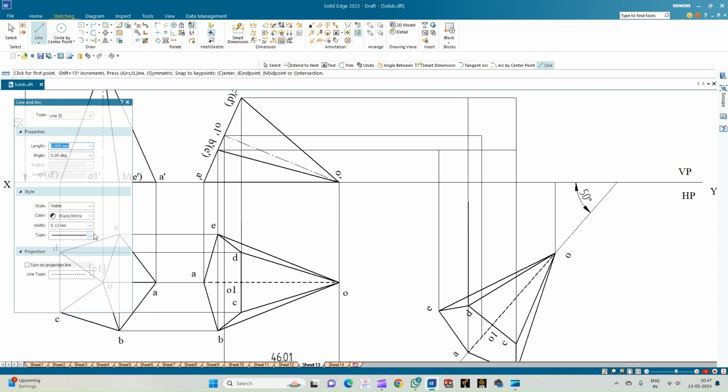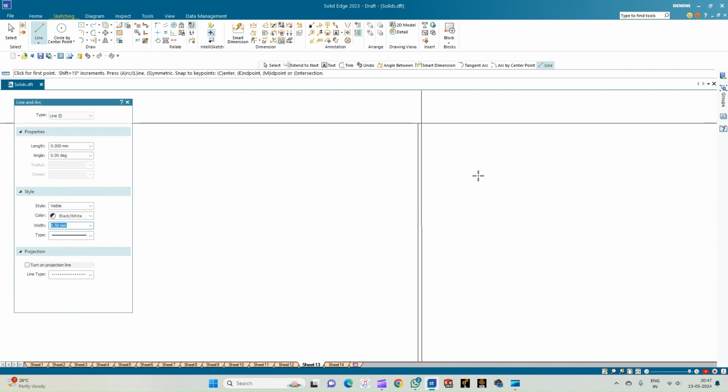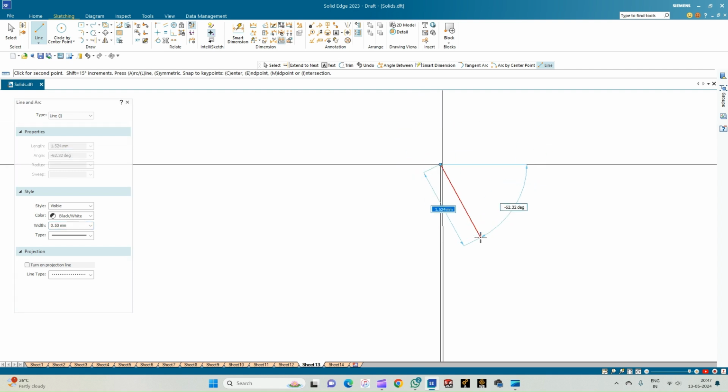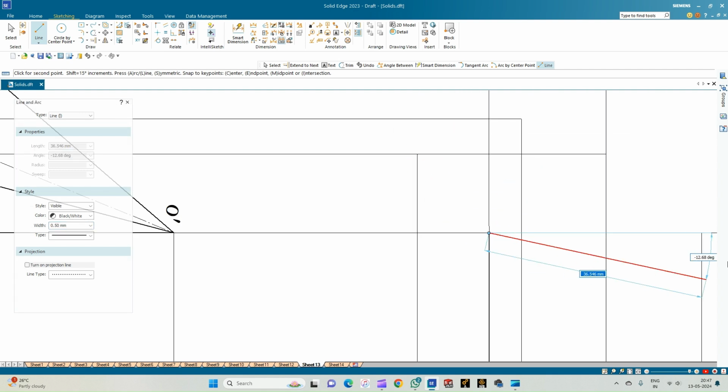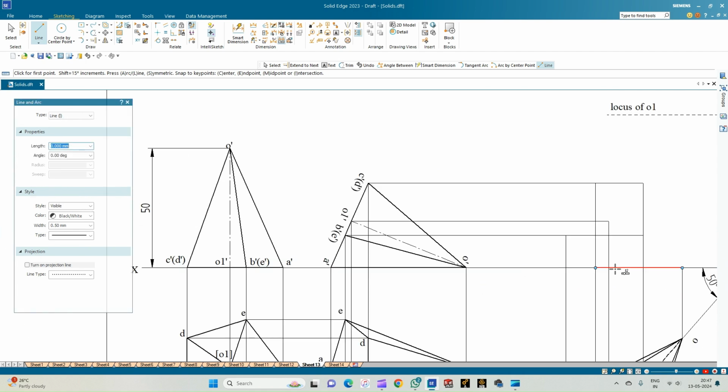So now let us consider the line option again of thickness 0.50. So now let us start from the point A. The point A is here, and this will be connected to the point O, that is the apex, correct?